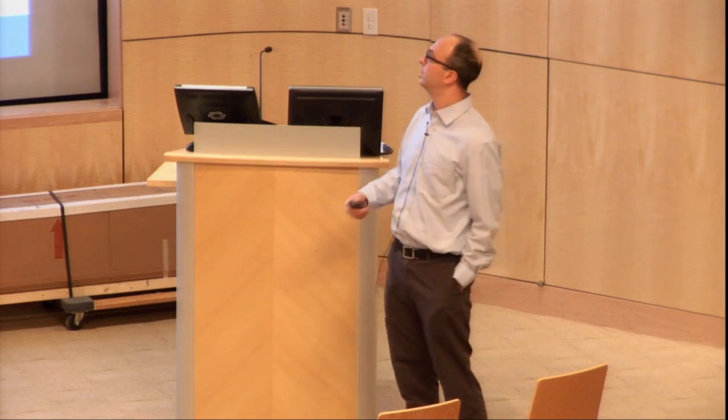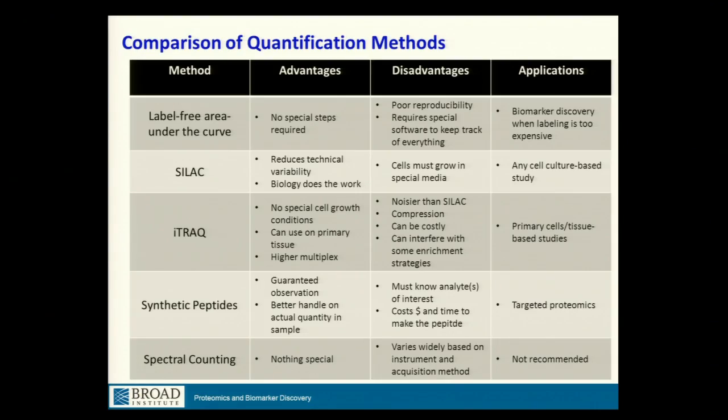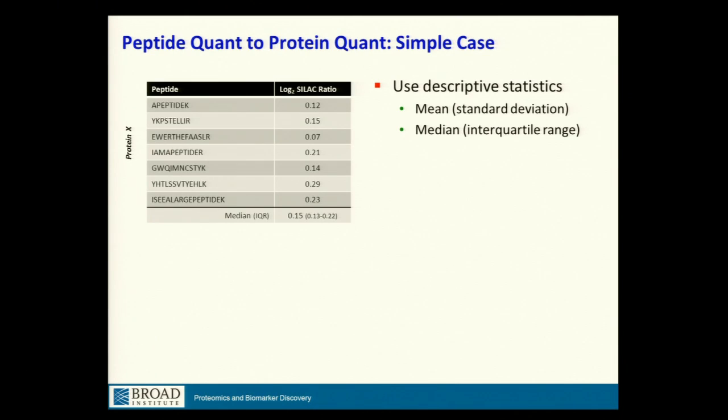You don't get a quantitative ratio. It's really, it's a mess, and I wouldn't recommend it for serious quantitative proteomics experiments. Okay. This is just in your handout. It goes through all the kind of pluses and minuses of these various techniques along with some application examples. And so you can go through that on your own.